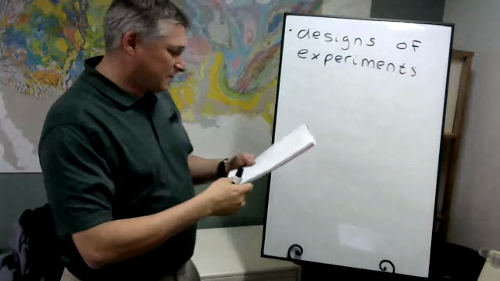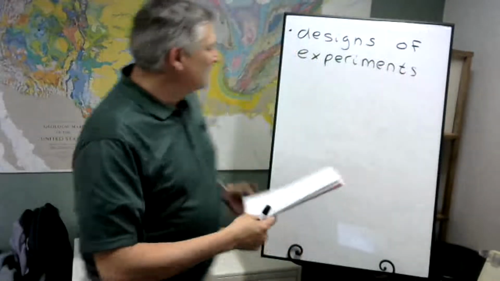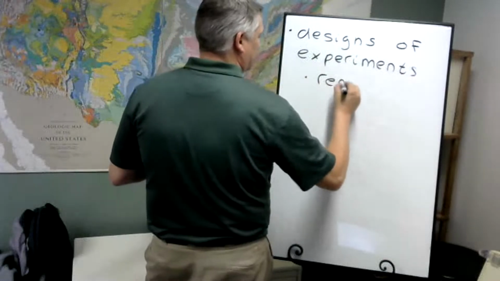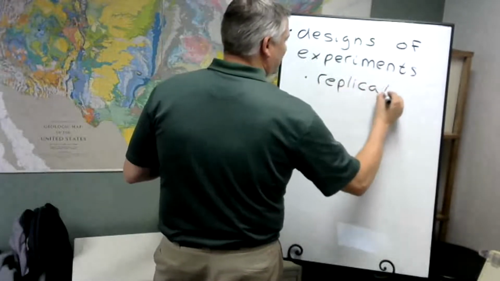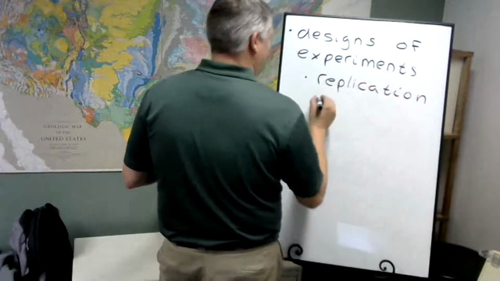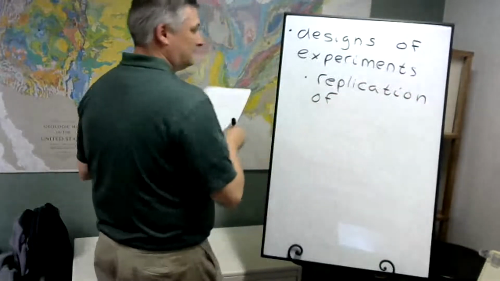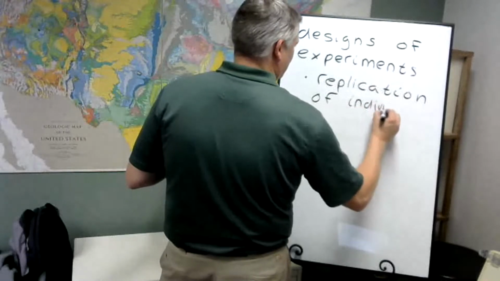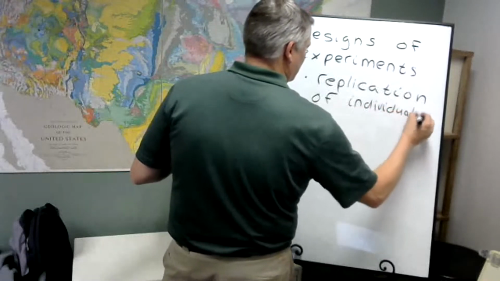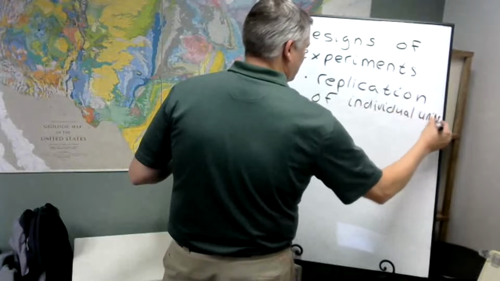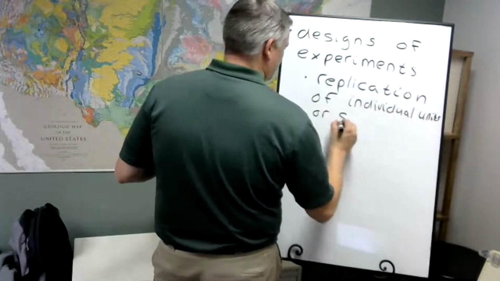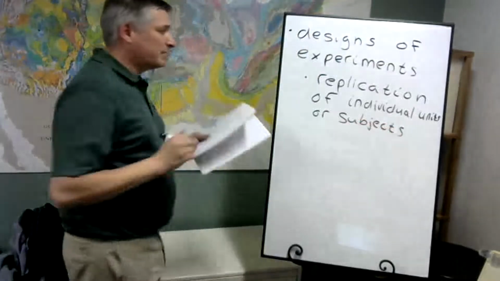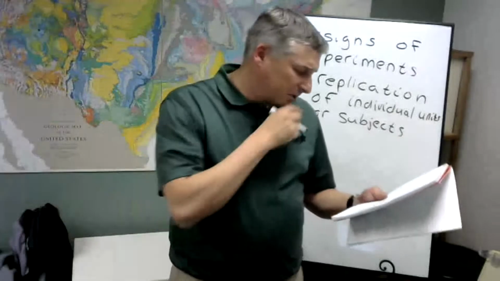So, designs of experiments. The key thing is what the text calls replication of individual units or subjects.